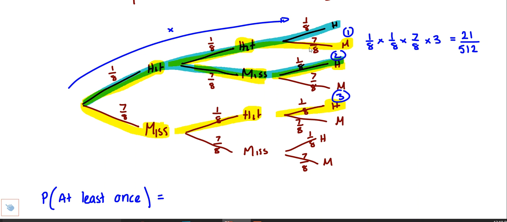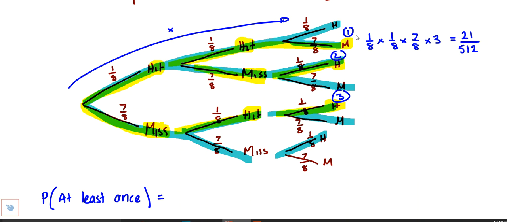It could be hit, miss, miss, or miss, hit, hit, or miss, miss, hit. It's actually all of them apart from miss, miss, miss, the last one. Only this last one is not considered.